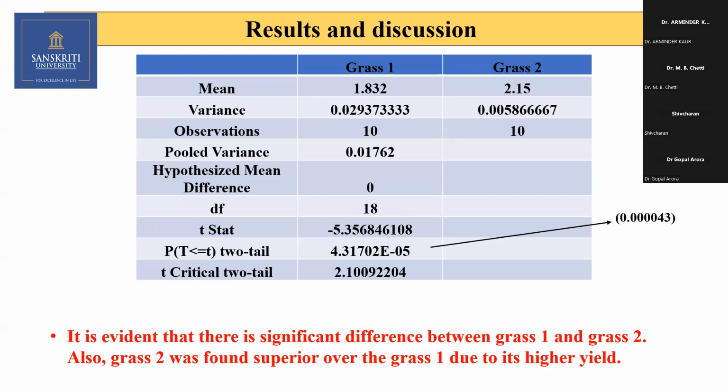So with 95% confidence, or in this case actually 1 minus 0.000043 into 100, so it is 99.99999957% confidence, you can reject this hypothesis. What does it indicate? Grass 2 yield is significantly superior compared to grass 1. With so much confidence, you can say that there is a significant difference between grass 1 and grass 2, and grass 2 was found to be statistically superior over grass 1 due to its higher yield.